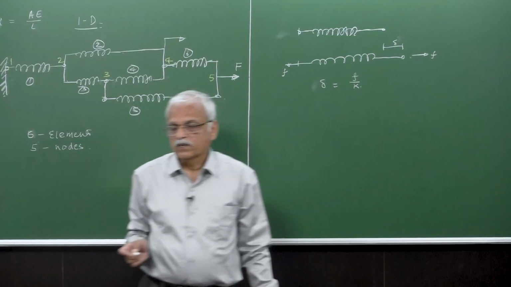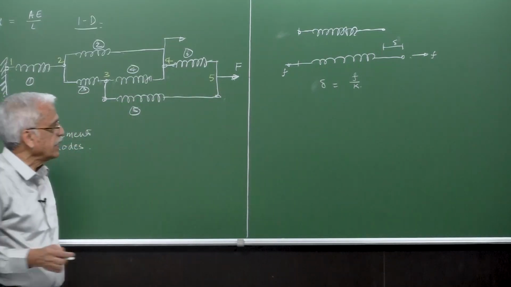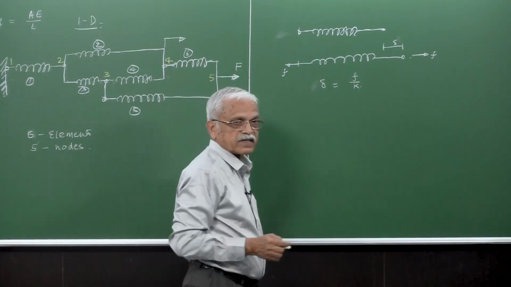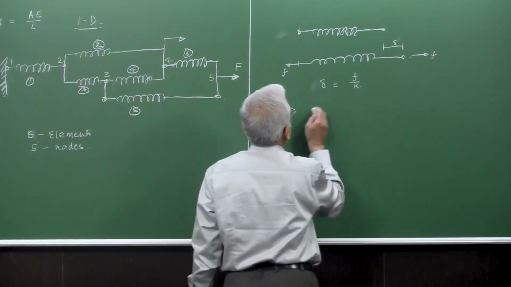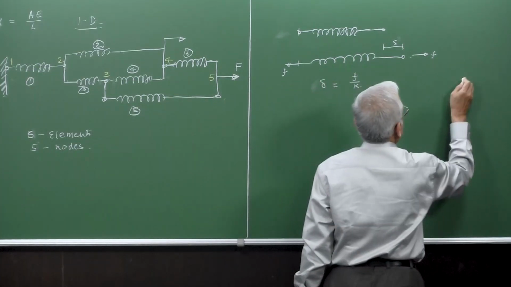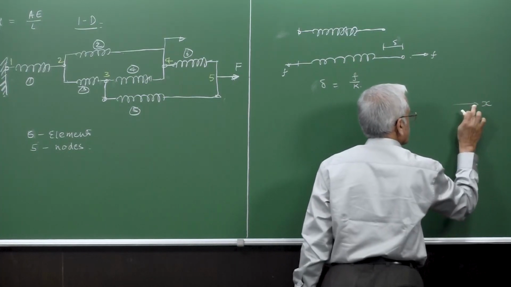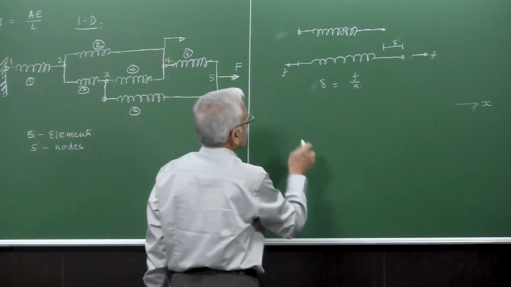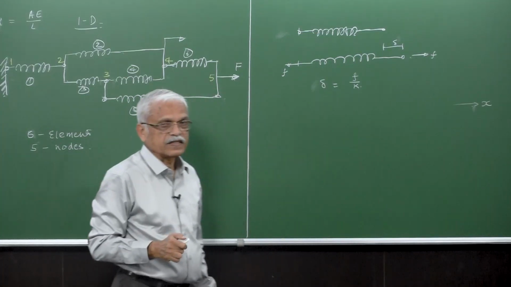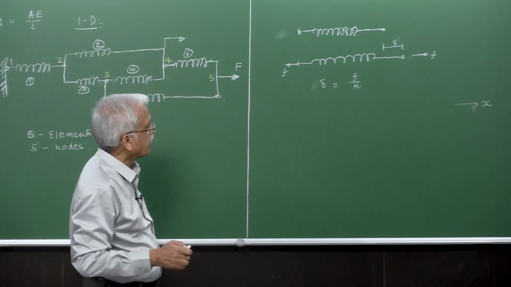What we would like to do is put it in a one-dimensional reference direction, in the sense that the positive direction of X is like this, so everything measured in the X direction is taken to be positive.